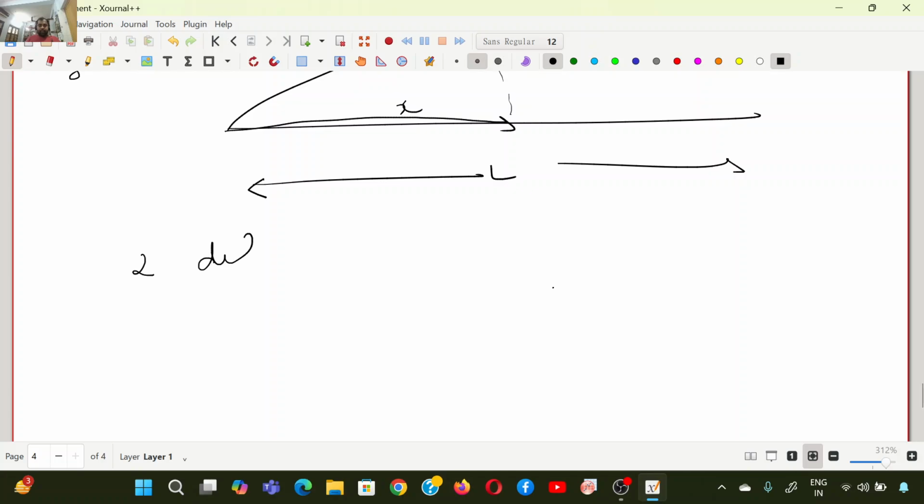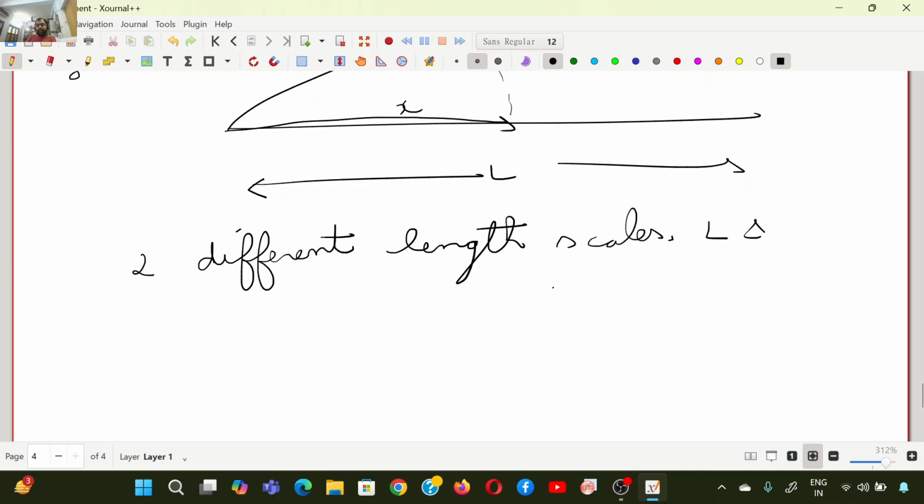So there are two different length scales, L and delta.